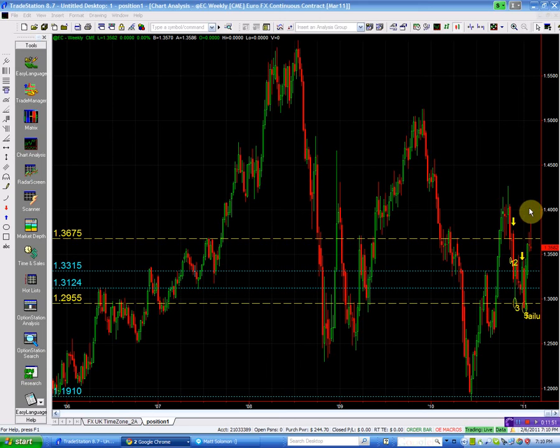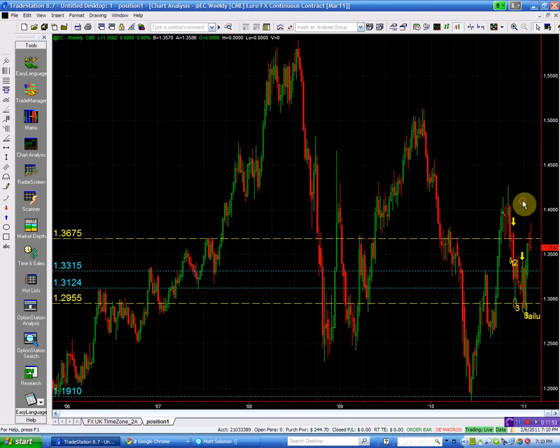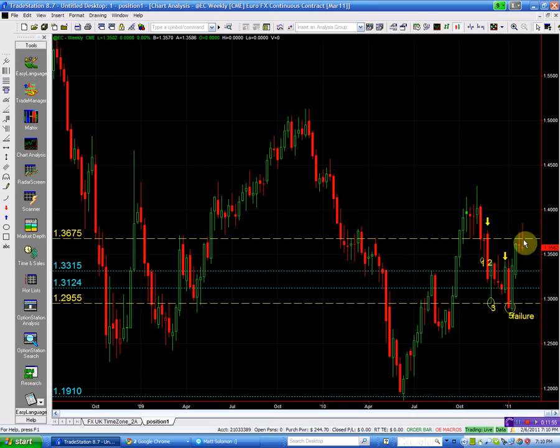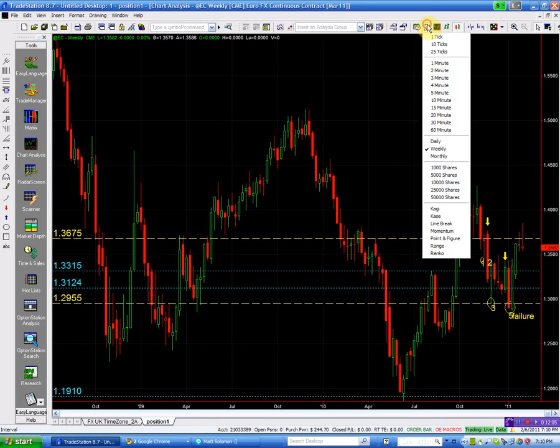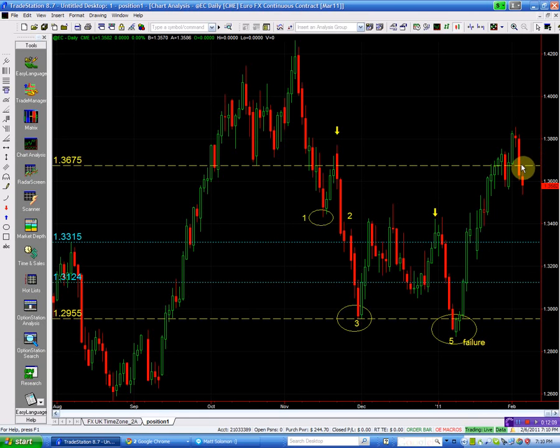So that is quite a negative close for the euro, and you can see that kind of a range for the week, and that kind of a close is quite negative with regards to the euro. You can see that also on the daily chart.